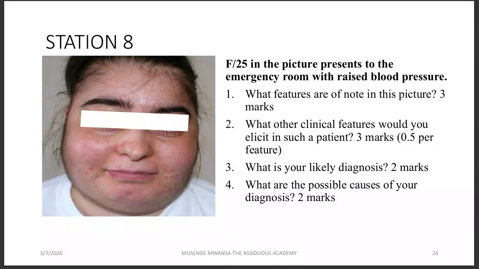What other clinical features would you elicit in such a patient? Buffalo hump. Anything else? Trunk obesity. Okay. Anything else? Okay. Skin. Yes, skin is going to be thinning. All right. Skin will be thinning. Very important. Anything else?